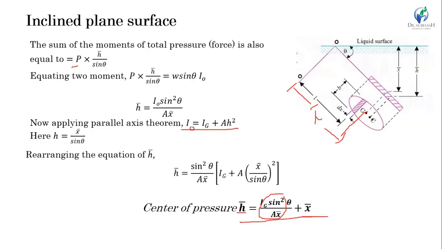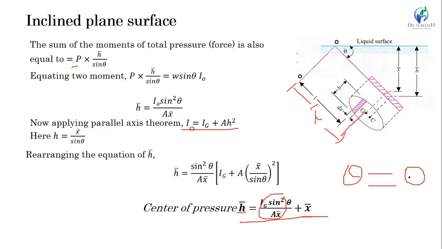As shown in the figure, the center of pressure is always below the center of gravity. By this way, we have proved it. If you put theta equal to 0, then H bar equals X bar.